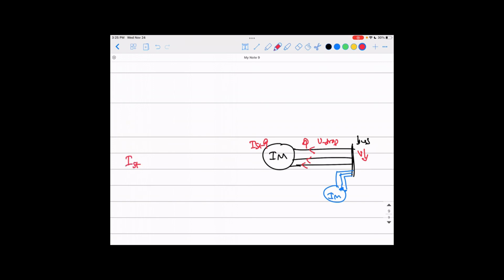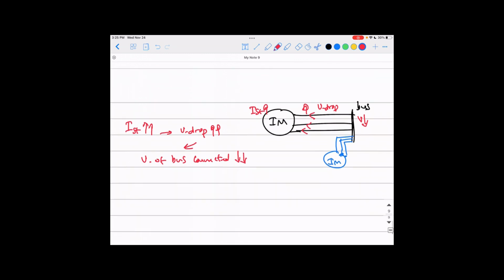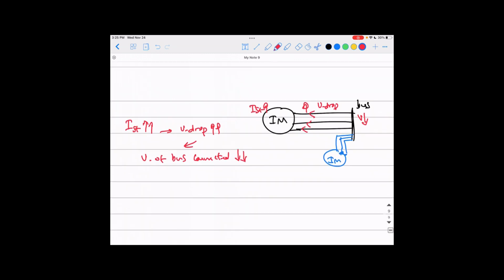So your motor will have a starting current that's very high, and that means the voltage drop will be very high, and that will make the voltage of the bus connected to it instantly drop down. That means the other motor connected to the same bus will now have a very small voltage, a dip in the voltage connected to it. Okay? And that's something you cannot permit.